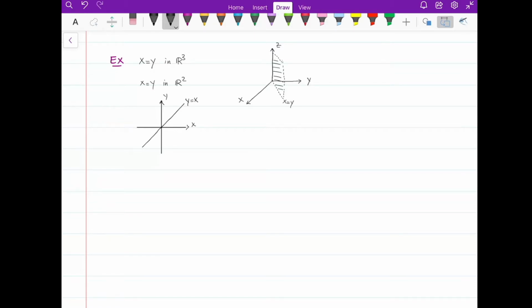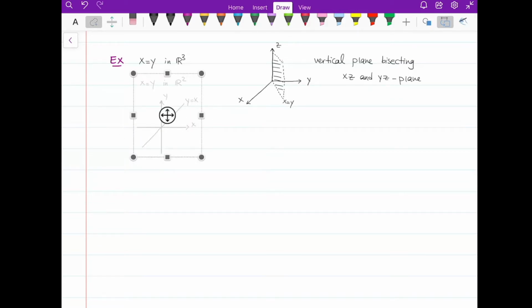x equals y. So this is a vertical plane bisecting the xz and yz planes, right? Let me move this one so you don't confuse.